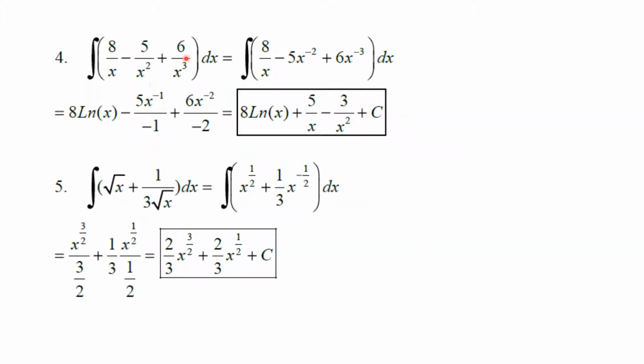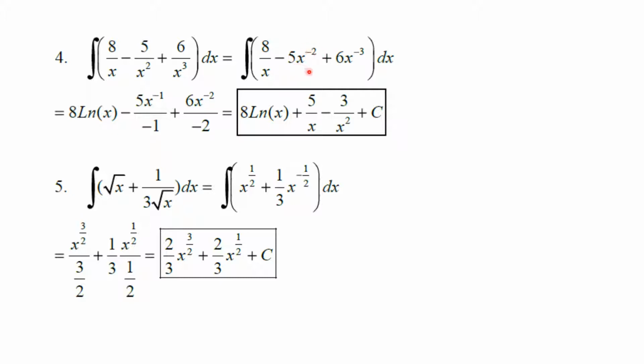Integrating functions such as 8 over x. Okay, this is a rule of thumb. When you integrate 1 over x, you will get ln x. So therefore, integrating 8 over x will result in 8 ln x. And integrating 5 over x squared, which can be written as 5x to the power of negative 2.